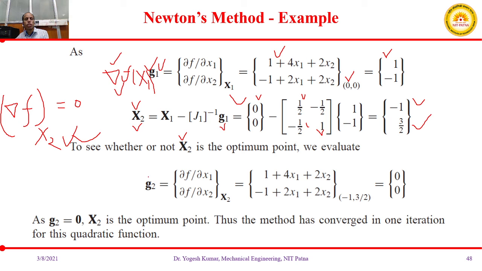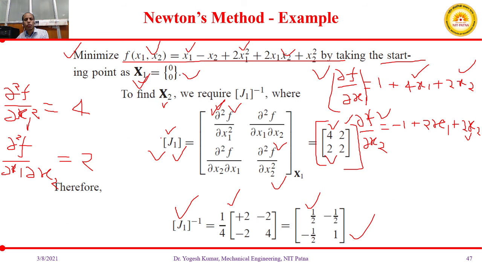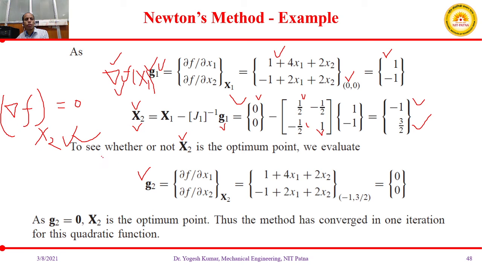Otherwise we will continue to proceed further, and we need to calculate g2, and again calculate your third point, which will be x3, given by x3 equal to x2 minus J2 inverse into g2.